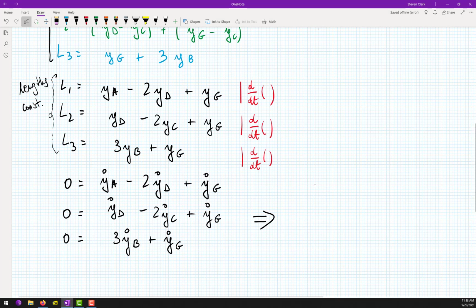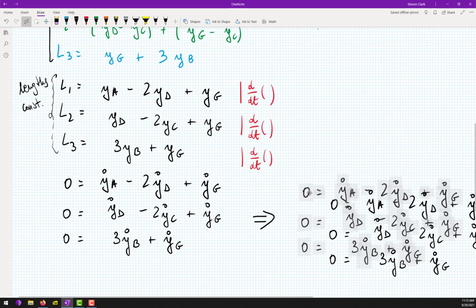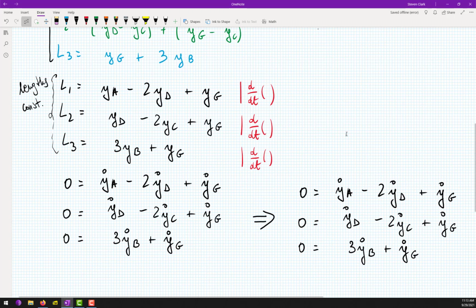I can do it here. I'm also going to copy paste, so I hope you won't hate me. Sorry for that. I'm just going to replace y dots with v everywhere. So we have VA to VD, VG.